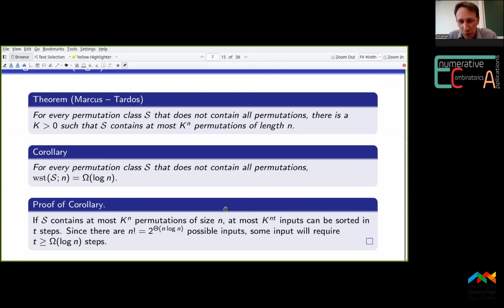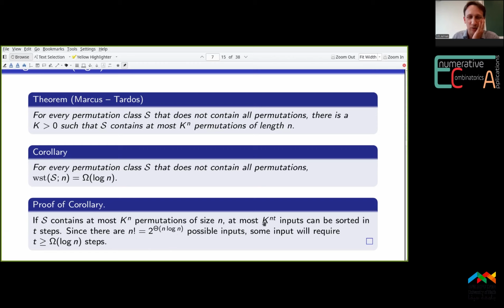So how many inputs can I sort in at most t, or say exactly t steps? Well, at most k to the power of n times t, because that's the number of possible operations that I can perform in t steps by choosing steps from within these k to the power of n candidates. But there are n factorial possible inputs. N factorial is 2 to the order of n log n.